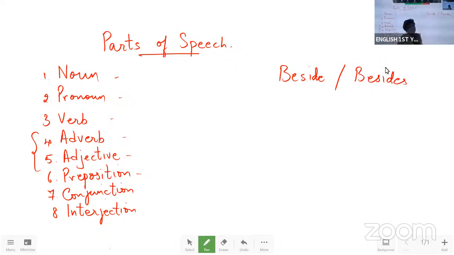There is a difference. She is standing beside me. Besides writing stories, she also writes poems, meaning other than that. So beside is next to you, besides is other than that.